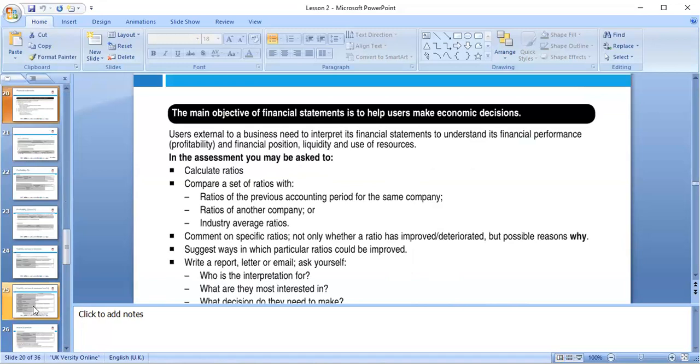Okay, so each ratio is explained with its benchmark, and we compare. And we need to look at other factors, because maybe before COVID the ratios were really good, but during COVID-19 the performance changed. We need to look at the PEST factors: political, economic, social, and technological.